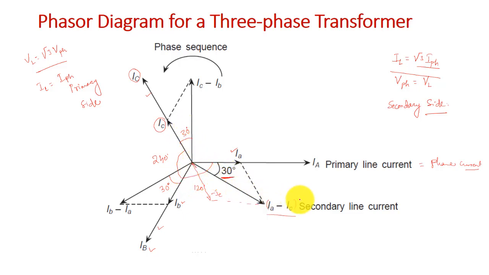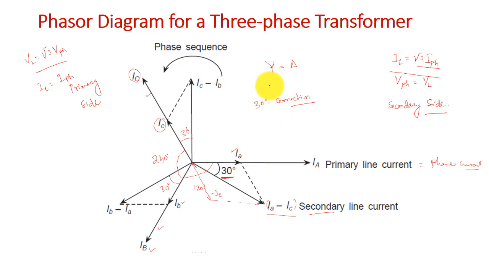That means your secondary line current is lagging the primary line current by 30 degrees, right. Sometimes it is therefore known as a 30 degree connection in a 3-phase transformer. So this star delta connection is known as a 30 degree connection.